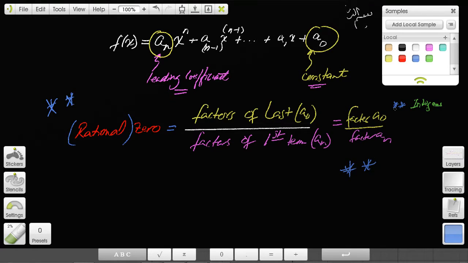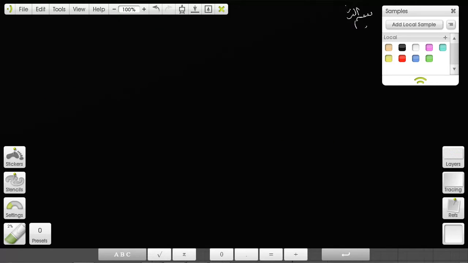Now, if it doesn't make sense to you at this point, that's okay, because it's not as hard as it sounds. But let's see an example, and that will make more sense to you. Watch. So here's a function f of x equals 2x cubed plus 2x squared minus 11x plus 12, okay?